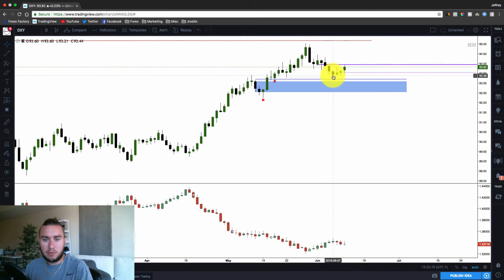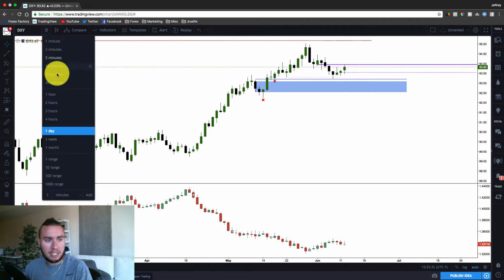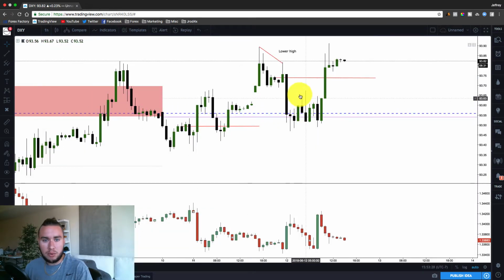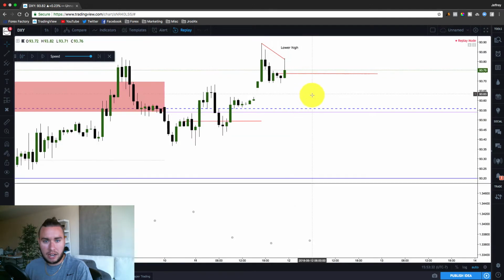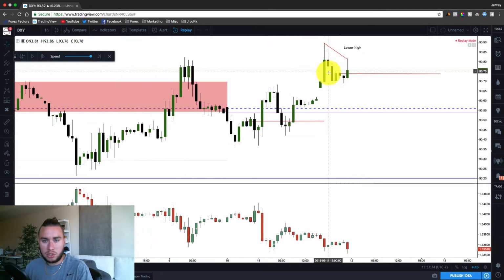Looking at the daily time frame on dollar index, we've been talking about seeing higher prices, and we have gotten that so far. But last night during London session, I was looking at the market whenever it was trading like this. We formed a lower high on an hourly time frame on dollar index, and if you look on GBP USD, we formed a lower low.